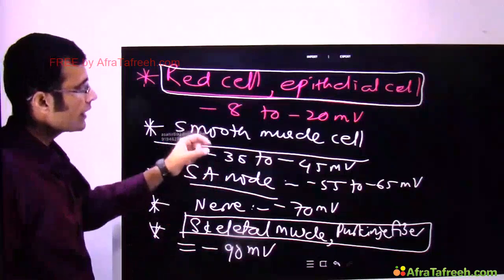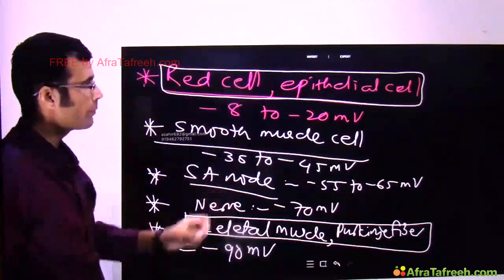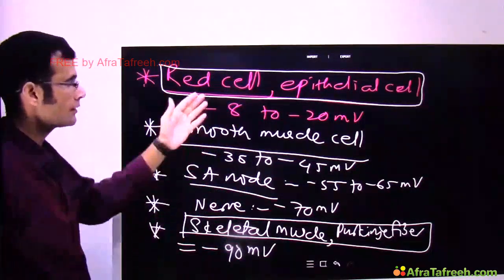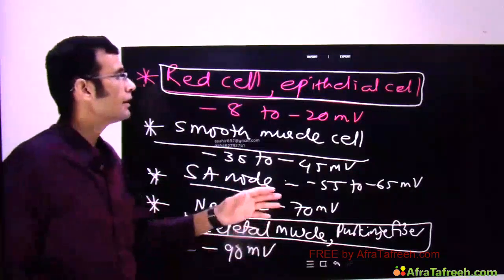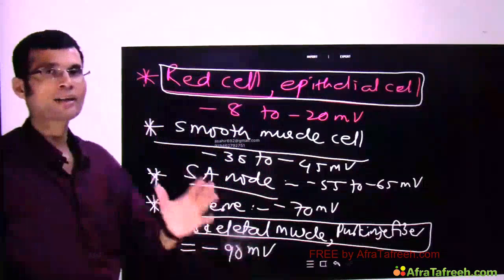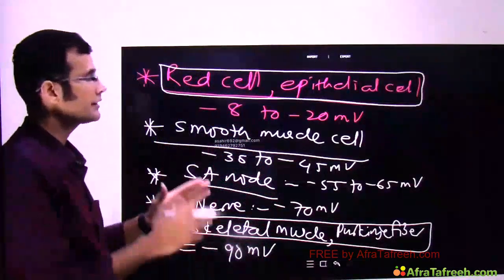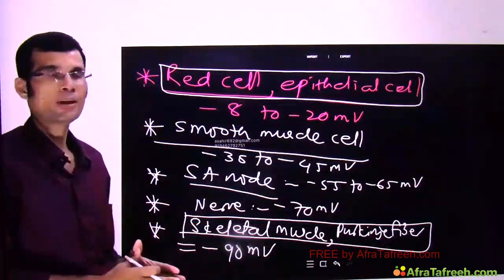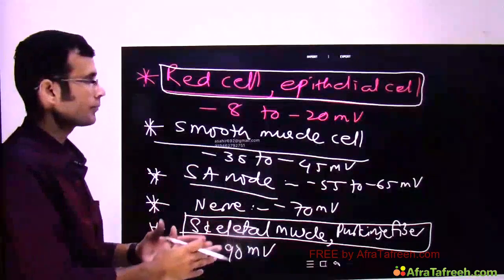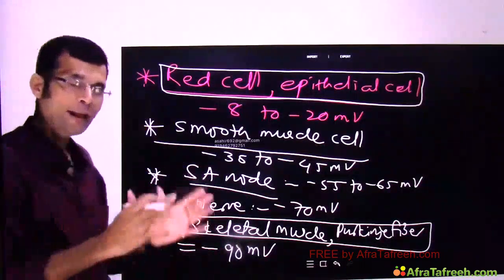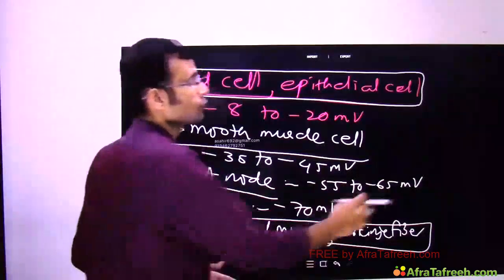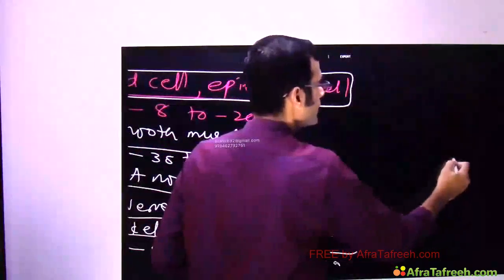When we say these are the values for membrane potential, -8 or -35 or -90, basically all these cells are surrounded by the same ECF, the same extracellular fluid having the same composition, whose potential is taken to be 0.